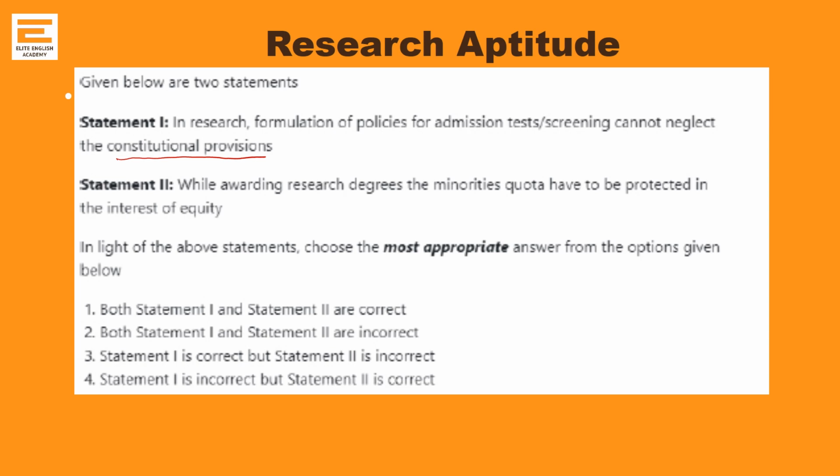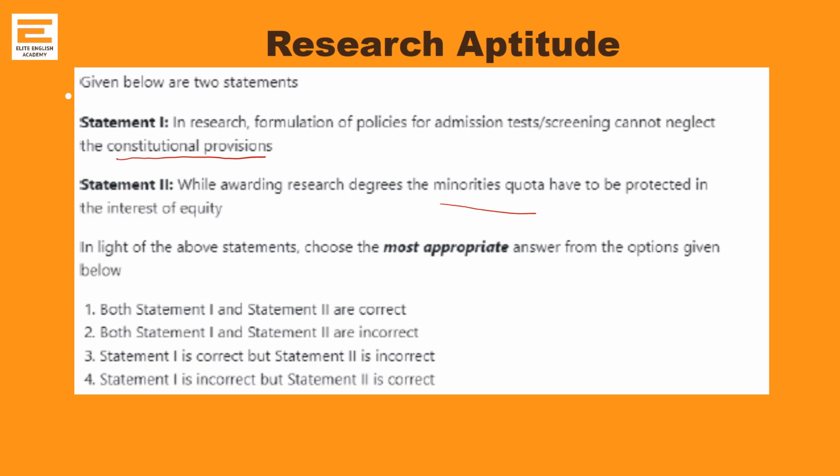While awarding research degrees, the minorities quota has to be protected in the interest of equity. Though this is a question based on the research unit, it is a very general question. Any student with normal understanding can answer this question. So just don't look at the other options.